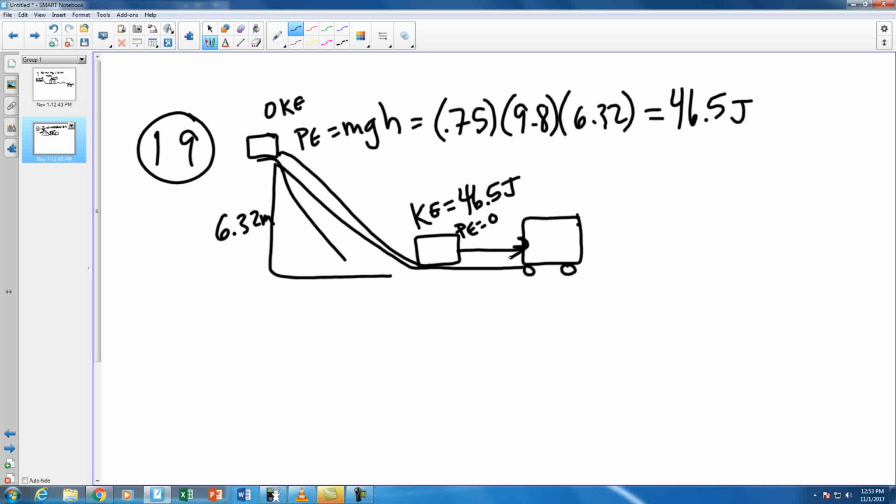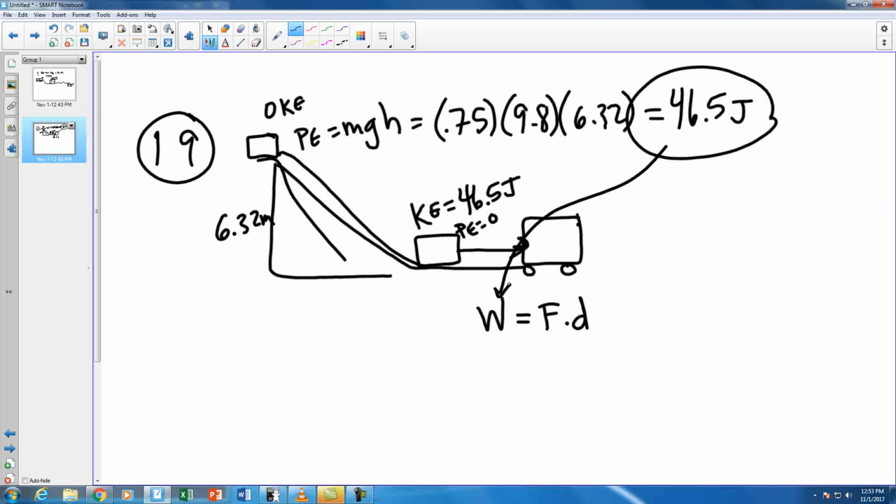Well, the idea is that the cart's doing some work on the car, and work is force times distance. Well, we know that there's this amount of energy in the system, so the cart can only do 46.5 joules of work. This is the one that gets a little tricky. People don't quite grab that idea that the cart is doing the work of its energy on the car. That does make it a little bit frustrating to understand.